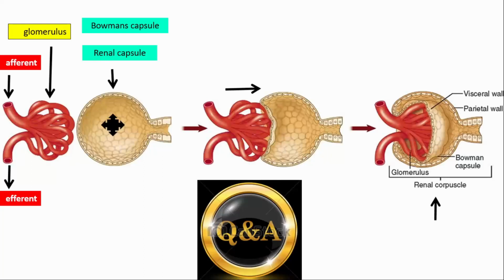Renal corpuscle is made of two components, the glomerulus and the Bowman's capsule.